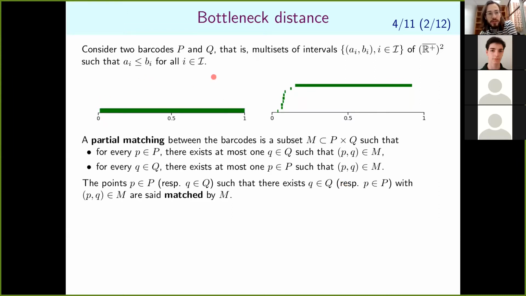The first barcode is called P, and the second one Q. A partial matching between P and Q is a subset M of the product P times Q, such that if I have a bar p in the first barcode, I can have at most one bar q in the second barcode such that the tuple (p, q) is in M. And conversely, if I have a bar q in Q, there may exist only one bar p in P such that the tuple (p, q) is in M. When I have such a partial matching M, I will say that the tuples (p, q) in the matching are matched.